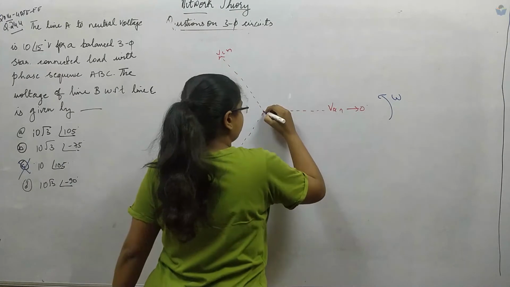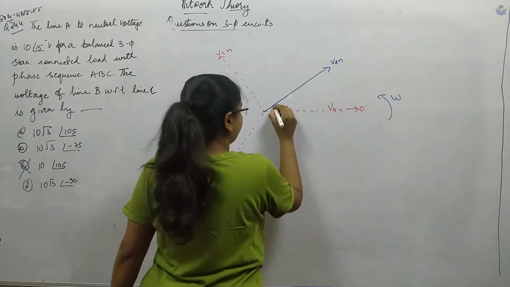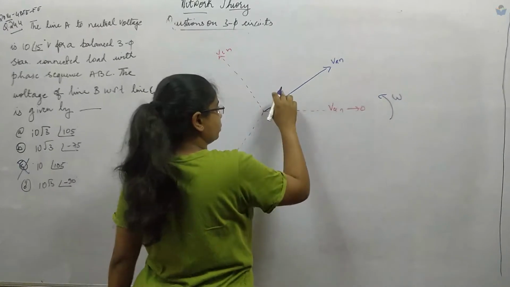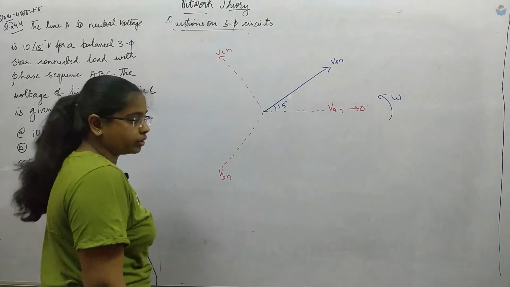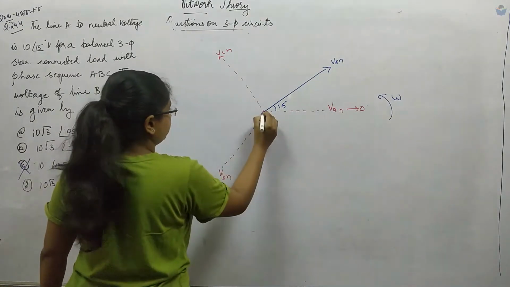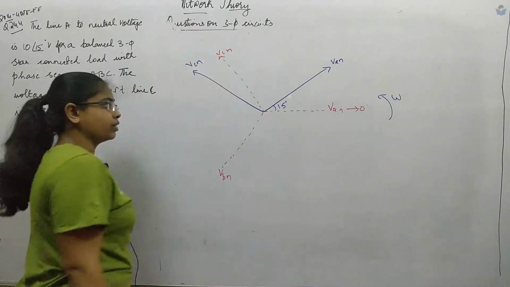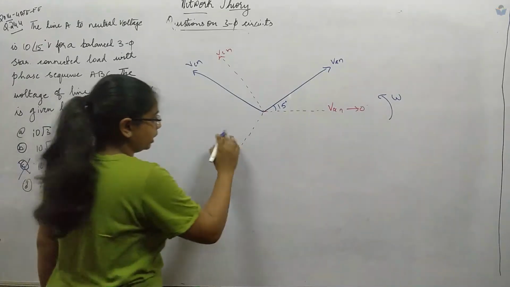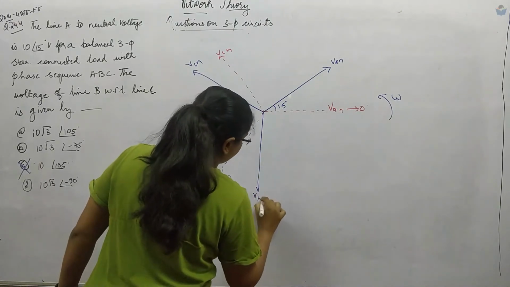This is VAN. From reference to this one, how much is it? 15 degree. So this will be our new reference. Similarly here also it will shift, this is also 15 degrees. VCN also will shift by 15 degrees.